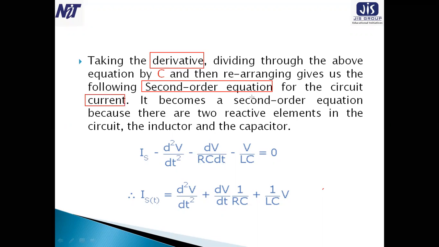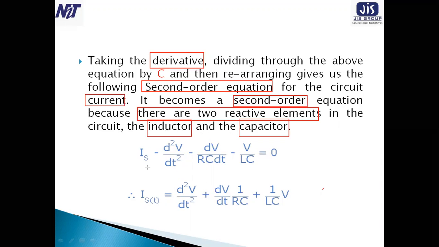Yes, it is a second order equation if we differentiate it again. It is second order because there are two reactive elements in the circuit. What are the two reactive elements? One is the inductor and one is the capacitor.